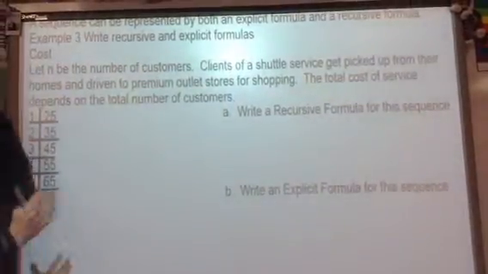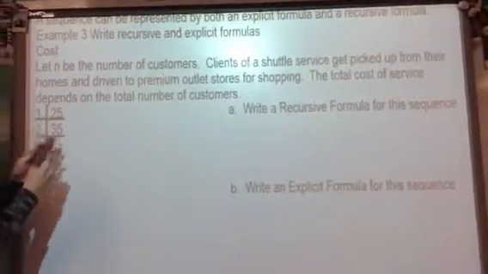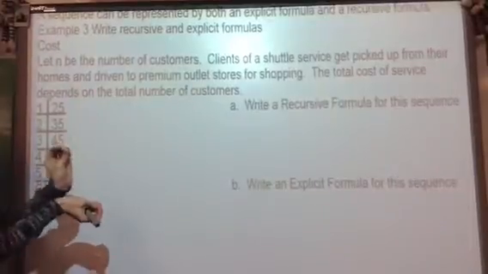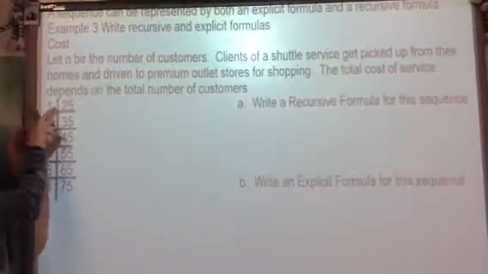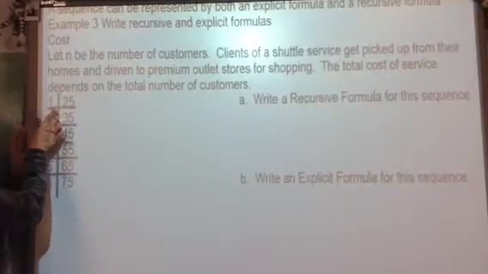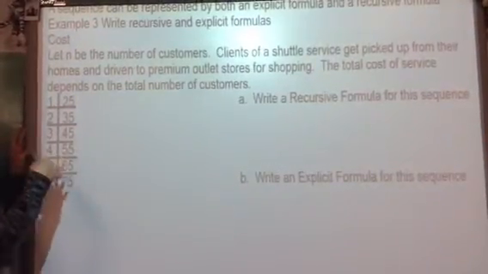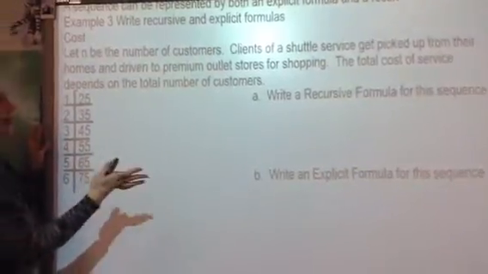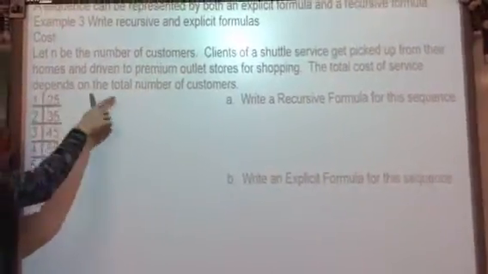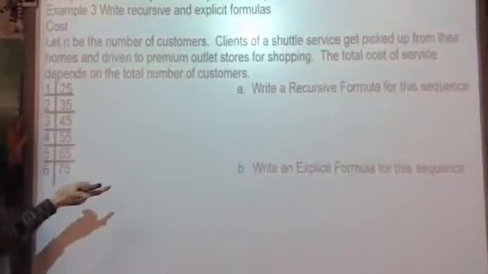Now we can take one situation and write it in both different forms. So this is a real-life situation where n is going to be the number of customers of a shuttle service. Clients get picked up from their homes and driven to premium outlet stores for shopping, kind of like Uber or Lyft or something like that. And the total cost of the service depends on how many customers there are.